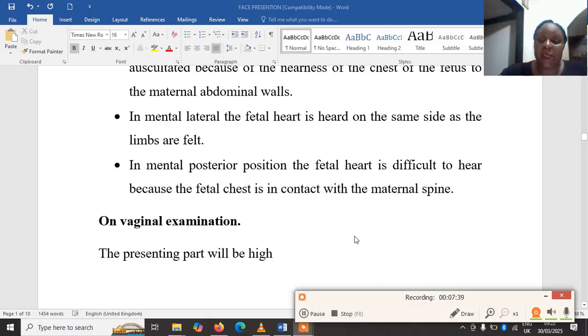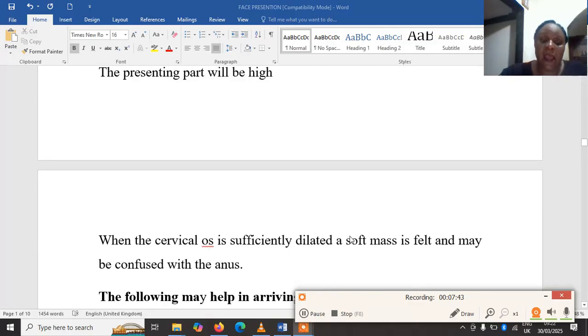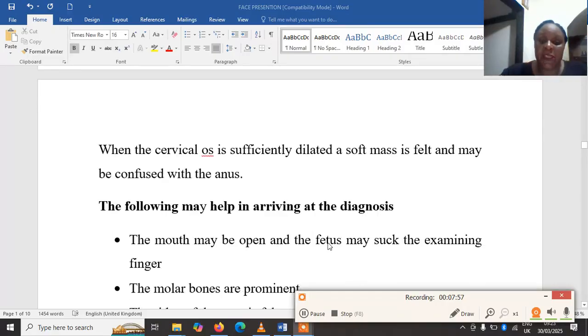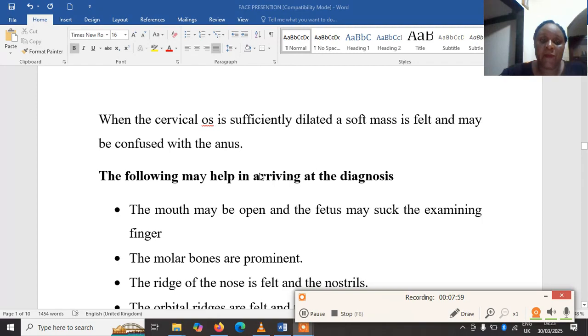On vaginal examination, the presenting part will feel high, and when the os is fully dilated, we shall palpate a soft mass, which may be confused with the anus. The following may help us reach the diagnosis. The mouth of the fetus may be open, and when you go into the mouth of this baby, the baby will suck the examining finger.